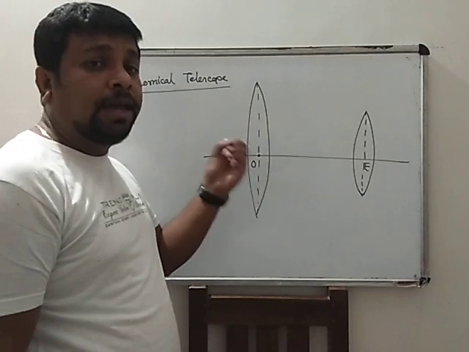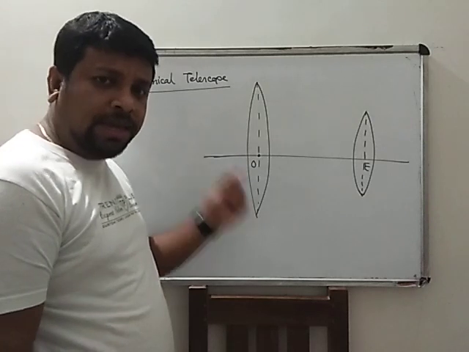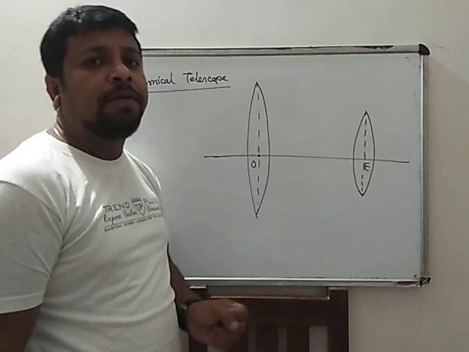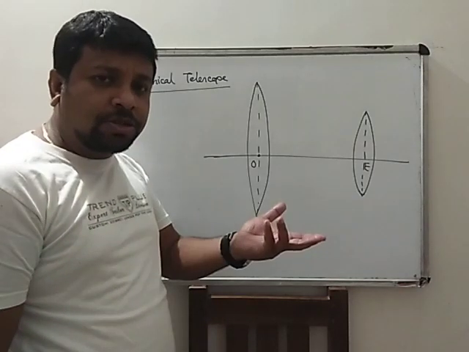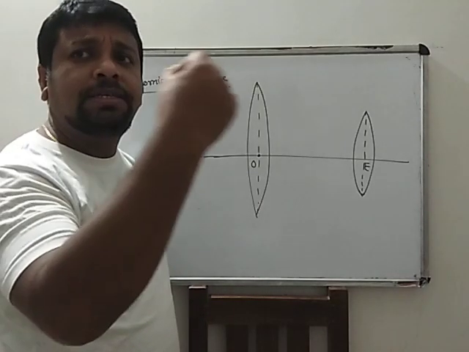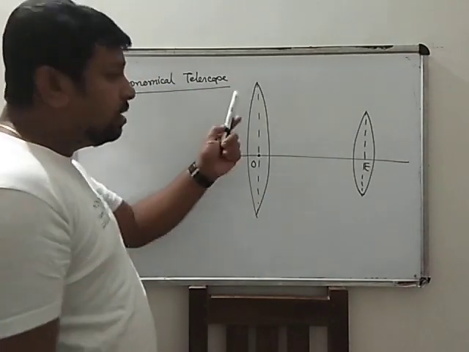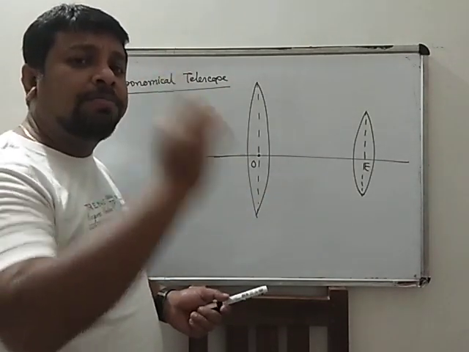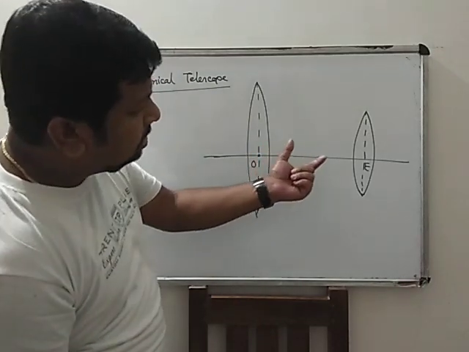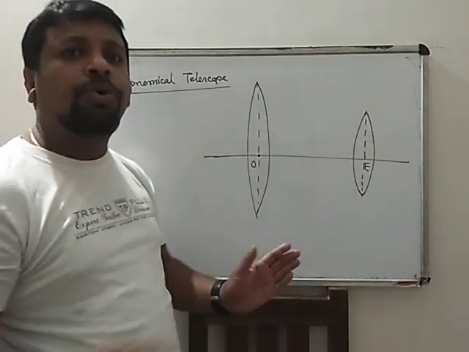The focal length and aperture of the objective is larger than the focal length and aperture of the eyepiece. In the compound microscope, the focal length and aperture of the eyepiece is larger. But in the astronomical telescope, the focal length and aperture of the objective is greater than that of the eyepiece. Here also both lenses are placed coaxially.